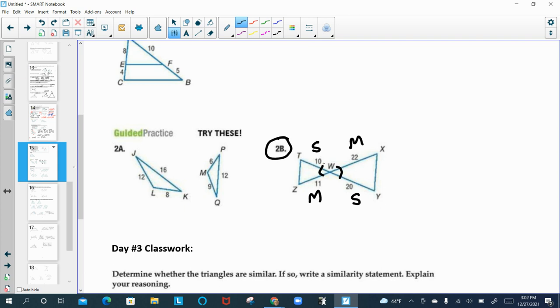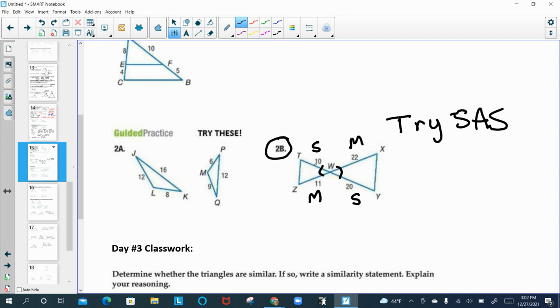So this is an SAS pattern. I don't think here we could try SSS because we don't know the third side and we don't know enough information, like the lines have to be parallel to have angle. So we would have to try side angle side.